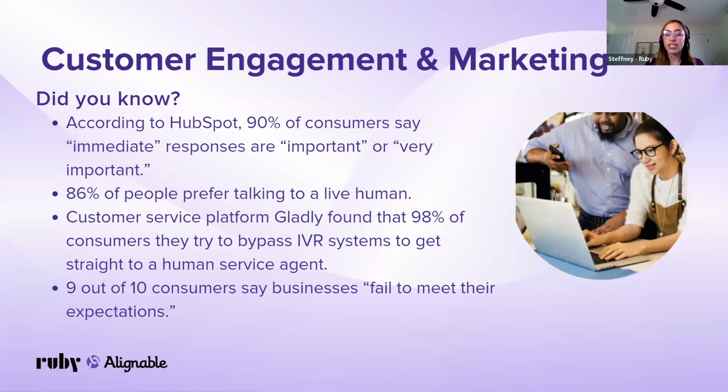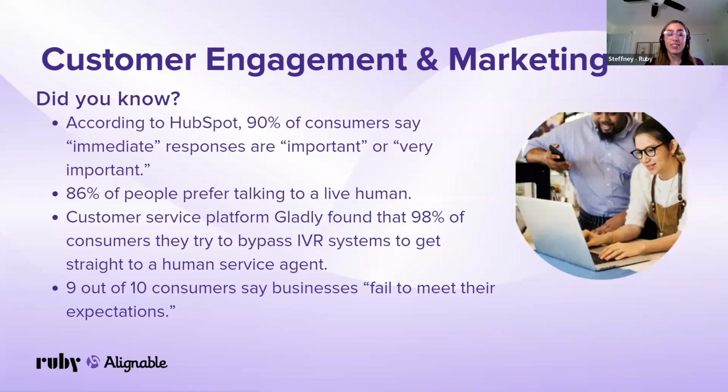This reinforces similar research from McKinsey that found that 75% of people expect a response or help within just 5 minutes of reaching out. Your customers want to talk to a human too. The vast majority, 86% of people, would rather talk to a human than a voicemail box or any form of artificial intelligence.